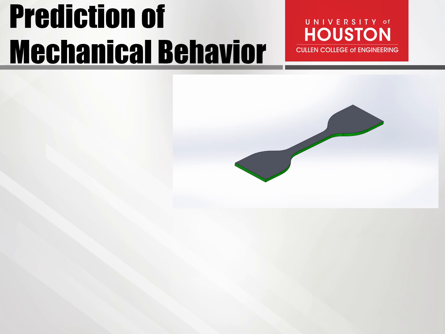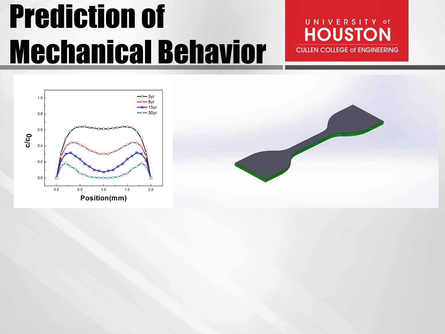By partitioning and integration over the bulk polymer, we will be able to predict the long-term mechanical behavior of our elastomer components working under high temperature, high pressure, and chemically reactive environment at the design stage.